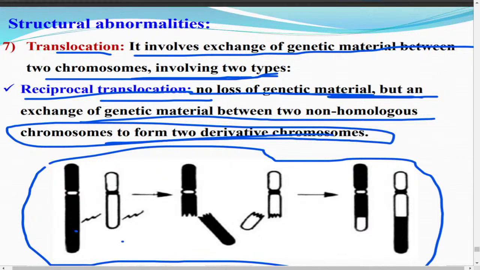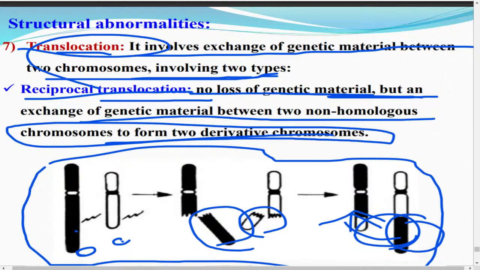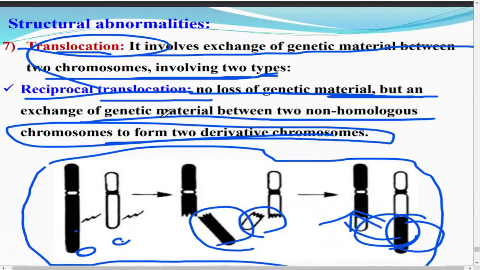This one with this one is going to be an exchange in genetic material. The white chromosome gives here to the black one, and there is an exchange. This will be called translocation. This is reciprocal.